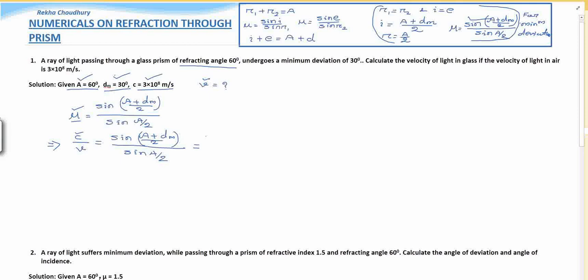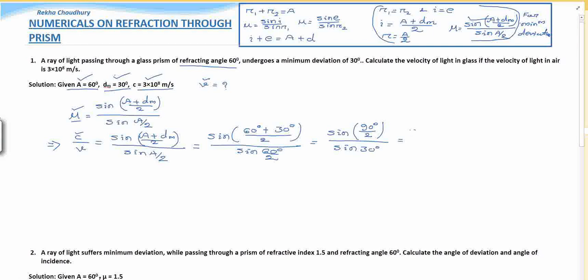So see, we know that here A is equal to 60 degree, dm is equal to 30 degree, so sin of 60 plus 30 degree divided by 2, whole divided by sin 60 degree divided by 2. So this is equal to sin 90 degree divided by 2, divided by sin 60 degree by 2 is sin 30 degree.